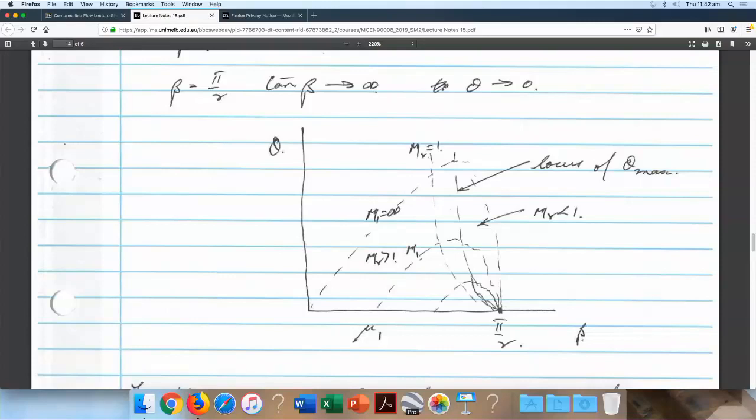So probably what happens is that I have a shock wave and I turn the supersonic flow through the maximum possible angle. And I turn it up or down, and it'll go out where the poles are. And I'll turn it and it'll become subsonic.